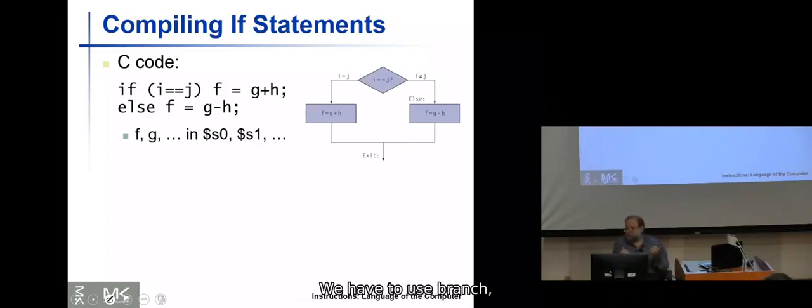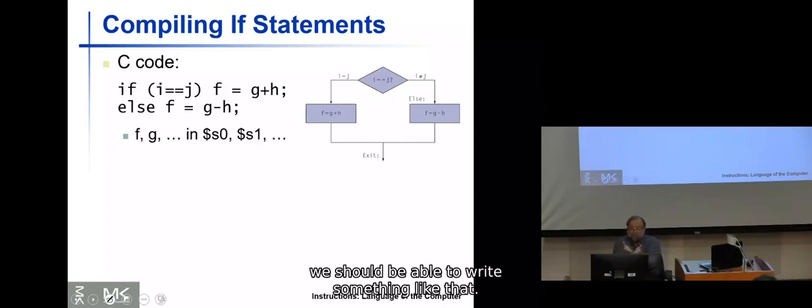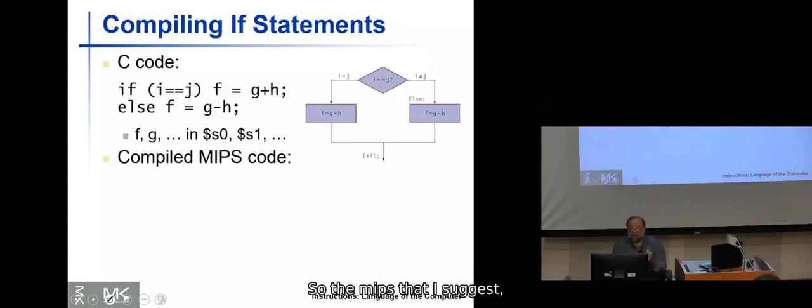We have to use branch equal or branch not equal. Using that, we should be able to write it. The MIPS that I suggest is not unique. You might write it another way. But this is what I start with, and let's see if it works.